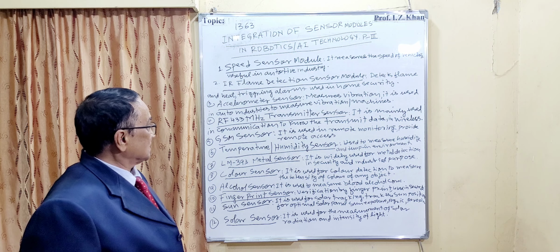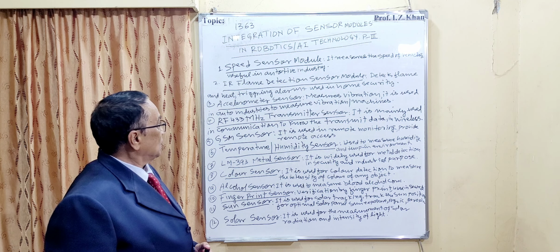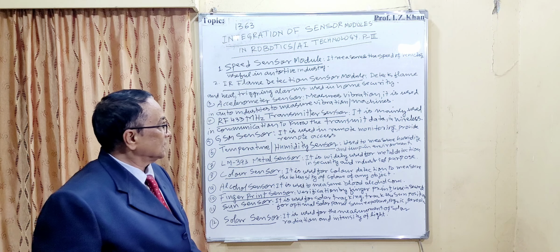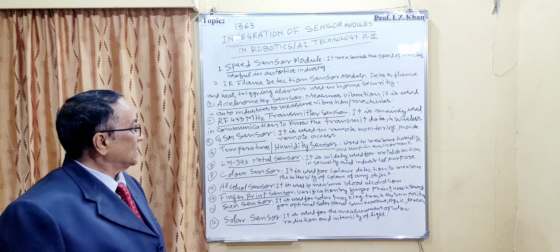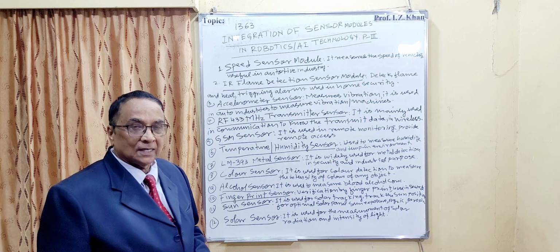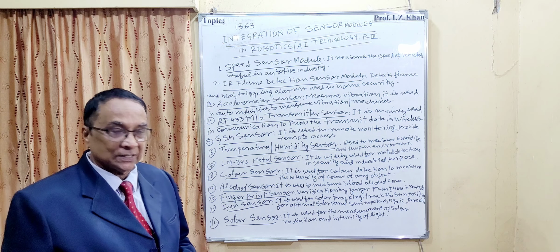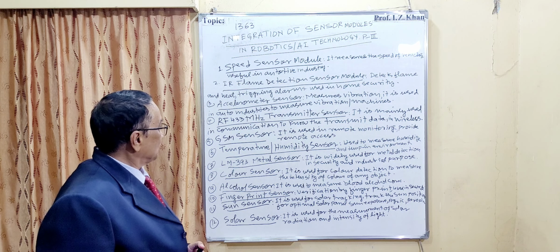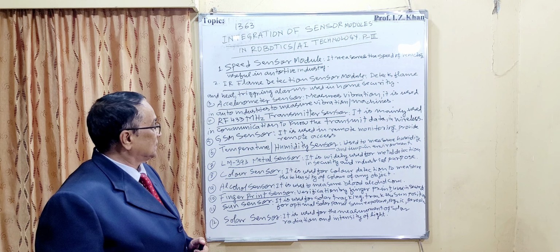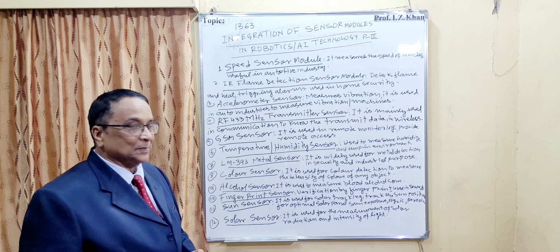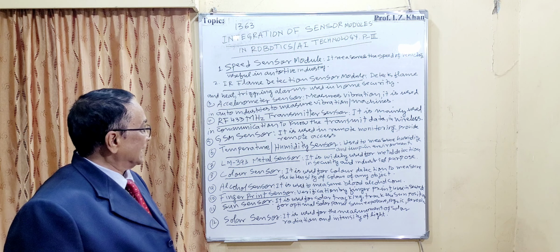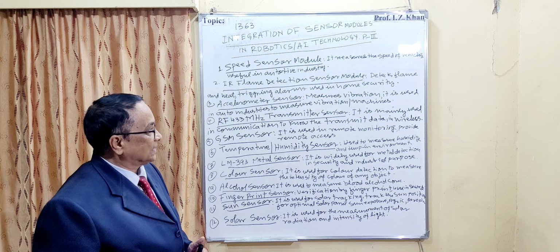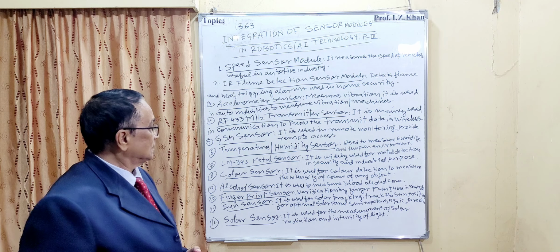Number three, accelerometer. The accelerometer sensor measures vibration, and it is used in automobile industries to measure vibration, and also in some machines. Number four, RF 433 megahertz transmitter sensor. It is mainly used in communication to transmit data wirelessly.